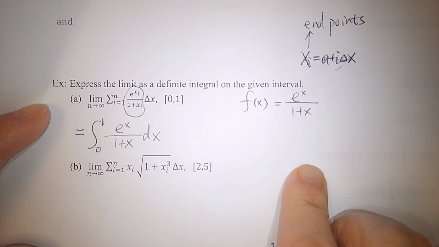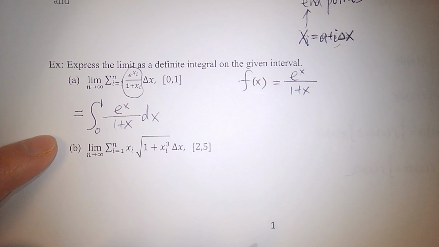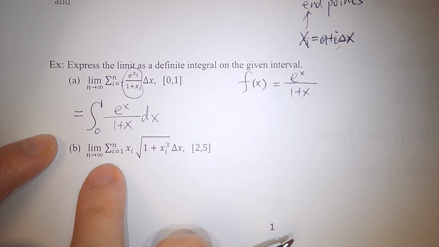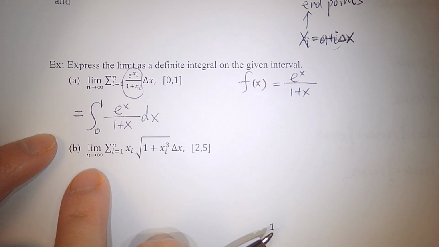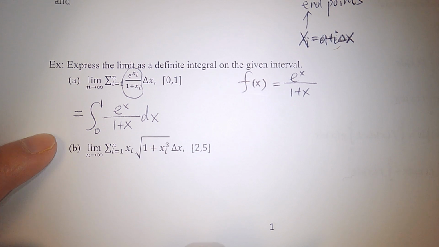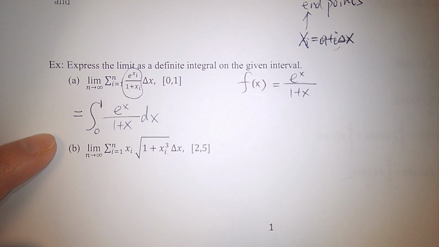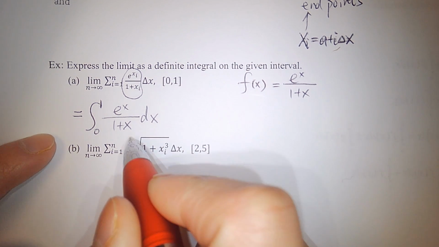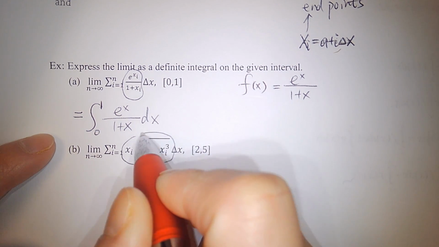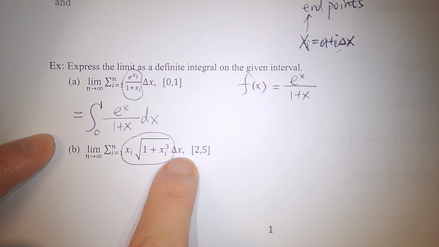Can you mimic this question A and try question B? From this limit, can you tell the f of x? And are the a and b values given? Yes. So what is f of x? This thing, everything except the delta x.